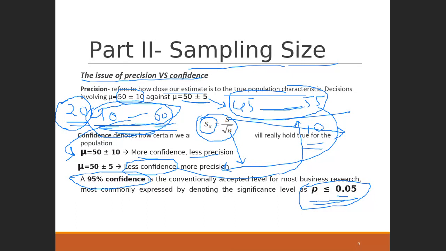So we are saying that in this particular scenario, we have only 5% or lesser chance of getting our population estimate wrong. So this is a very important characteristic. And so in business research, we will be largely relying on 95% confidence interval.